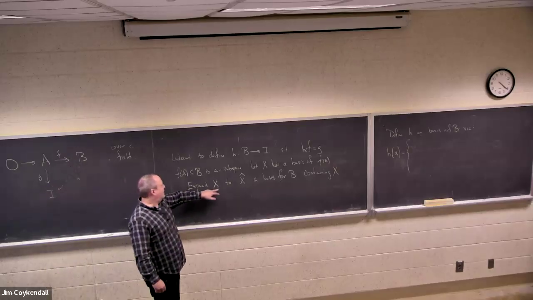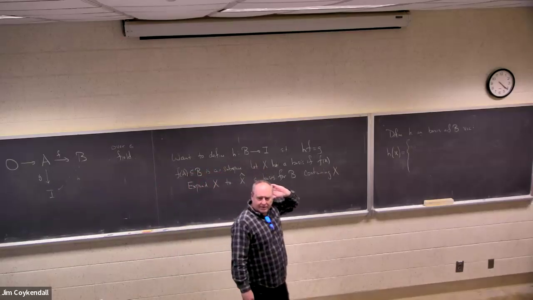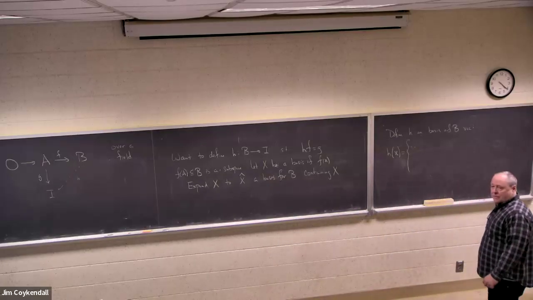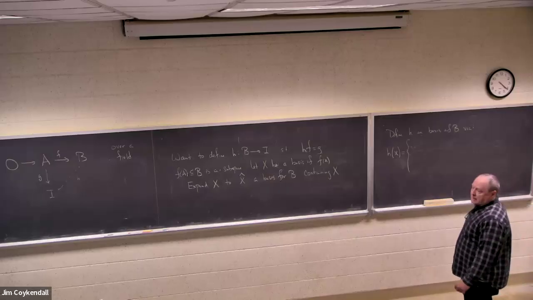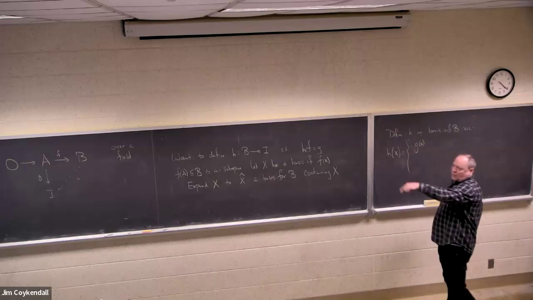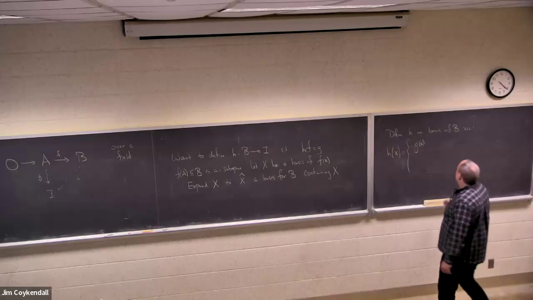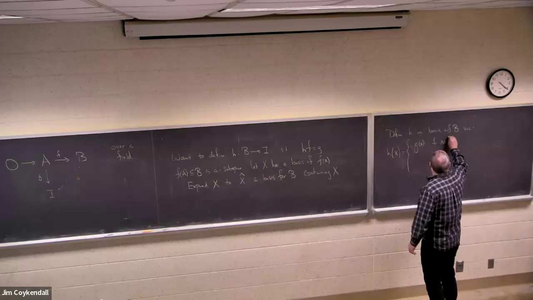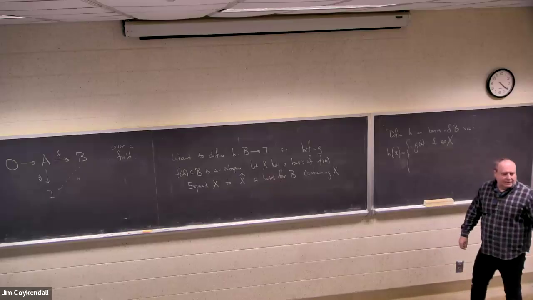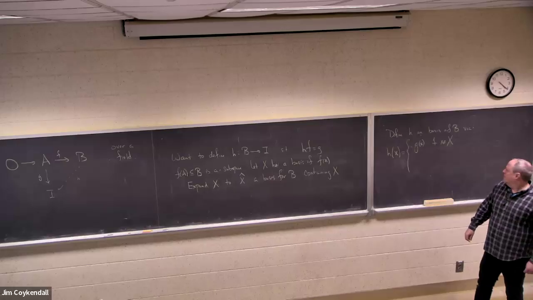If it's in the original X, the basis of F of A, what should I do to it? Good. Send it where G was going to send it. Right, so send that basis element there. And what if it's not there?